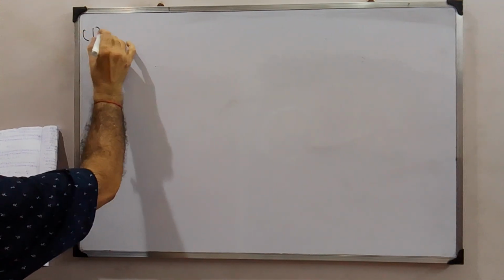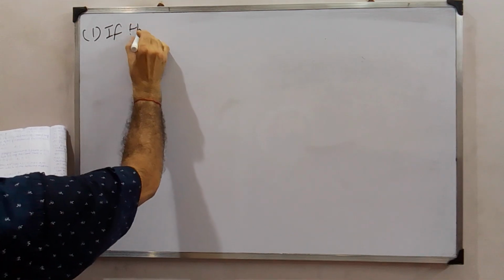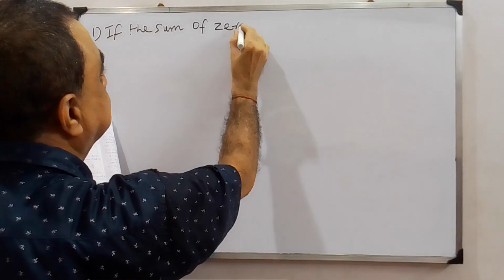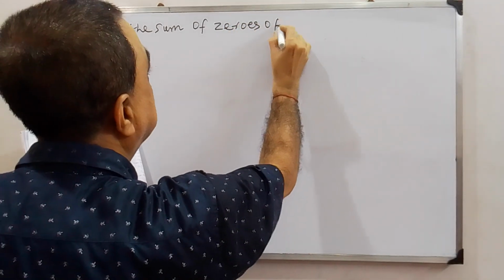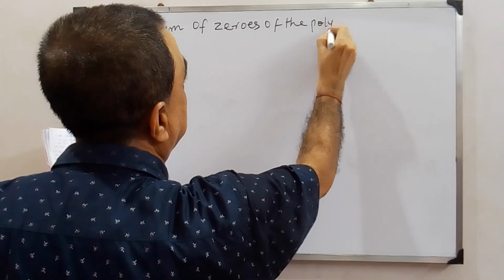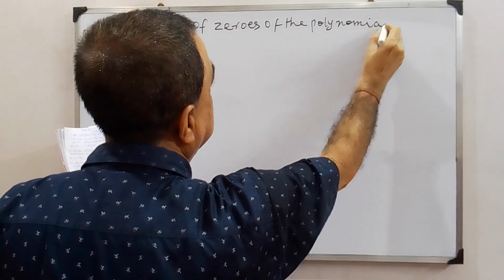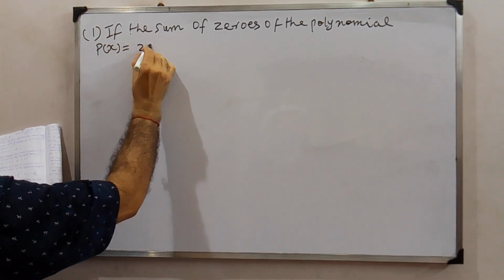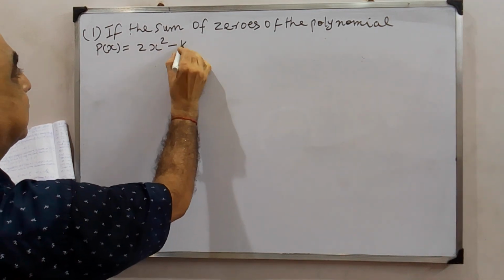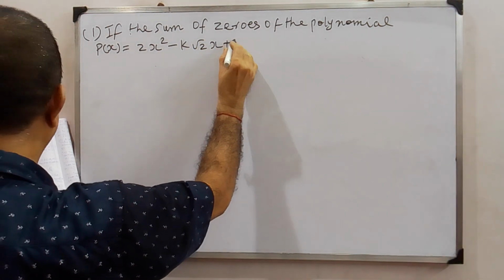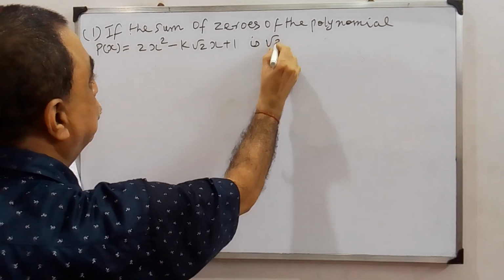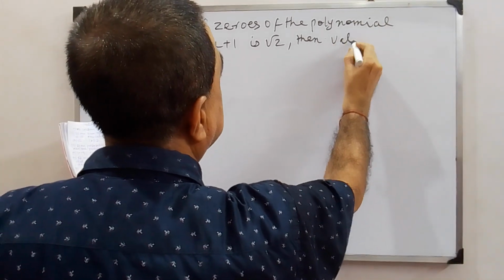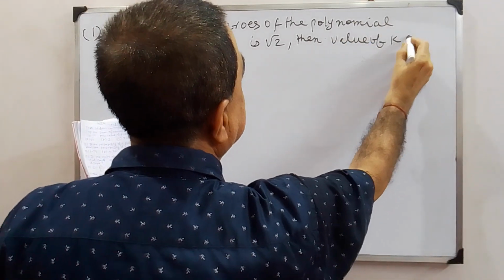Here the question is like this: if the sum of zeros of the polynomial p(x) = 2x squared minus k root 2 x plus 1 is root 2, then the value of k is.